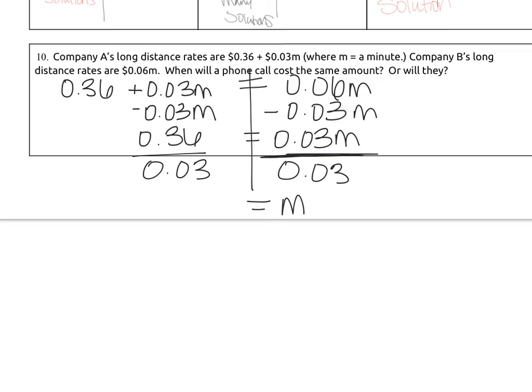Slowly, carefully, put this into your calculator. 0.36 divided by 0.03 is 12. So what that means, at 12 minutes. 12 minutes is the magic number where your phone bill with different companies will be the same.